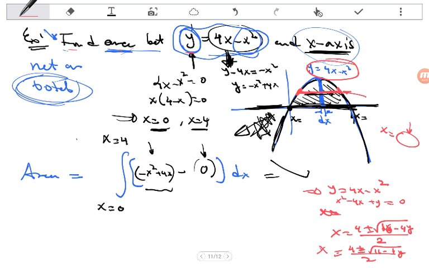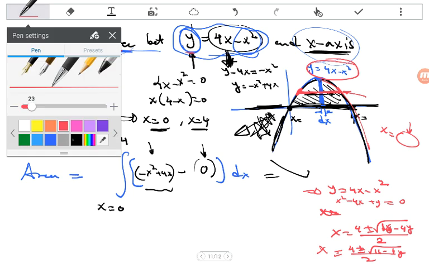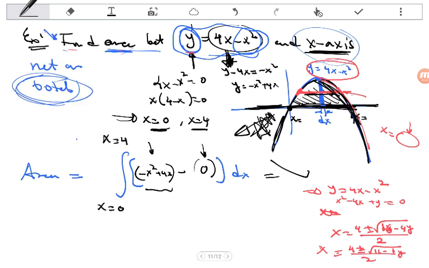If you notice here, we have two expressions for x, one with the positive sign and the other with the negative. These are just the two sides of the parabola. So this right side can be expressed as x is equal to 4 plus root 16 minus 4y all over 2, and the other side is with the negative: x equals 4 minus root 16 minus 4y all over 2.